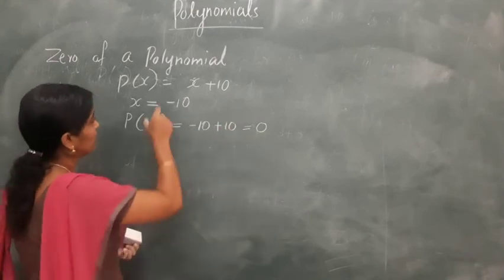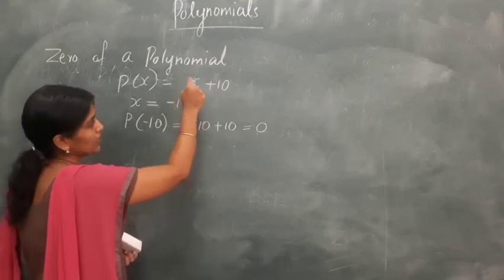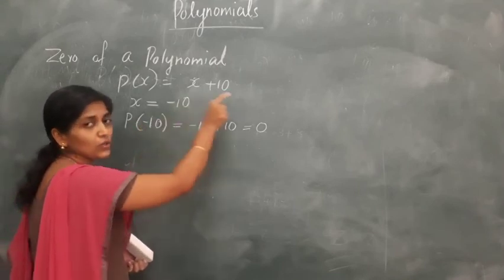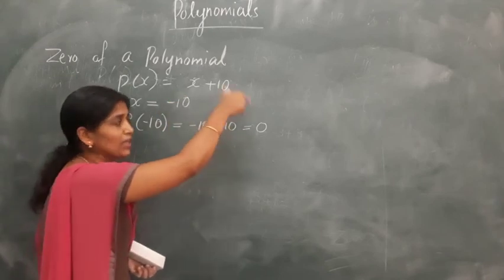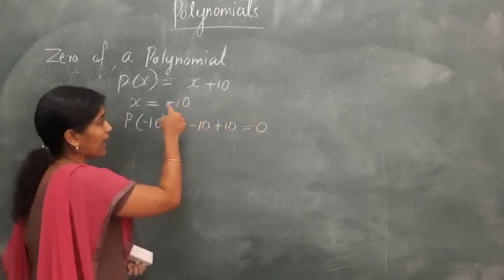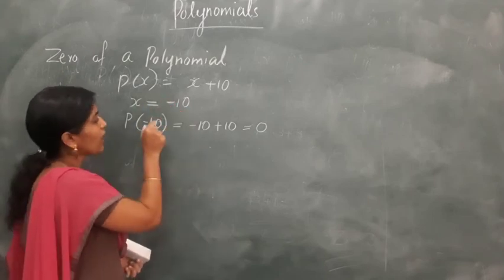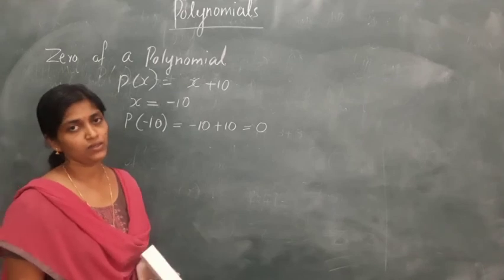Which means that when we give this particular value, that is x is equal to minus 10, we are getting the polynomial value equal to 0. So in this way, when you get the polynomial value equal to 0, that value of the variable, we call it the zero of that polynomial.